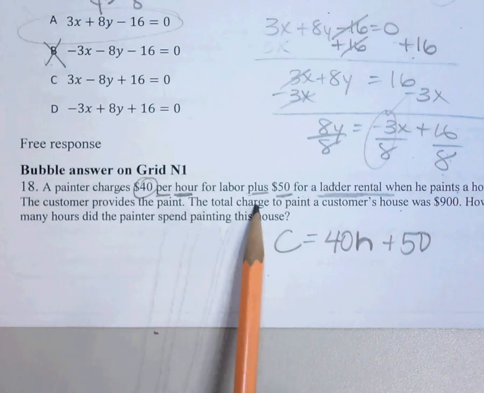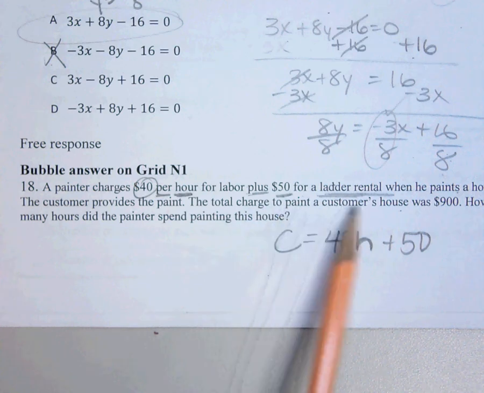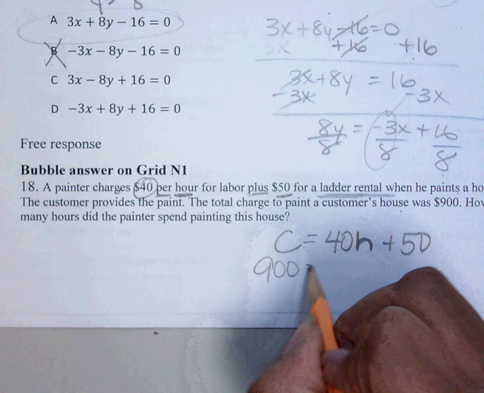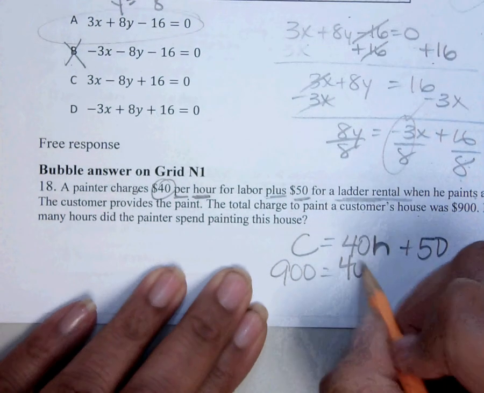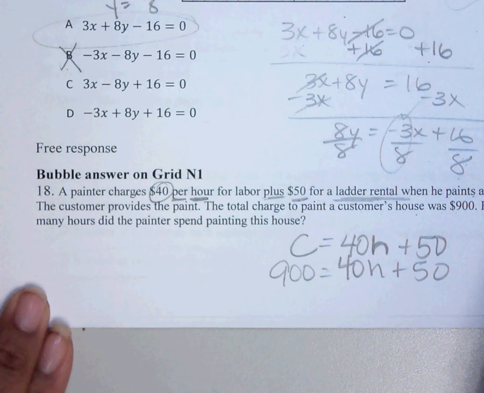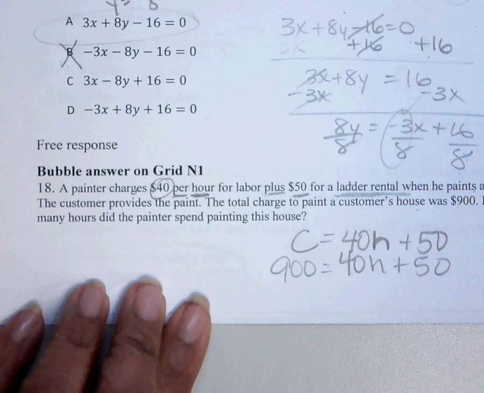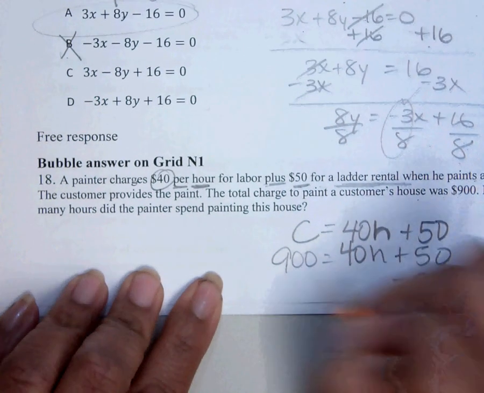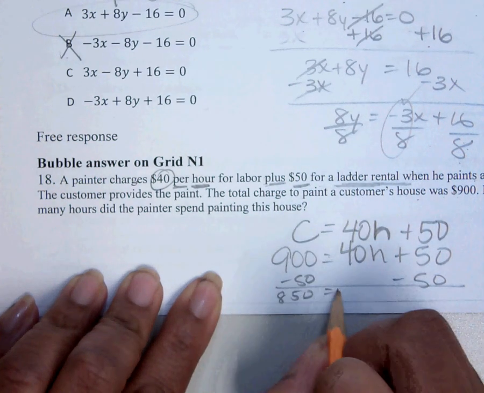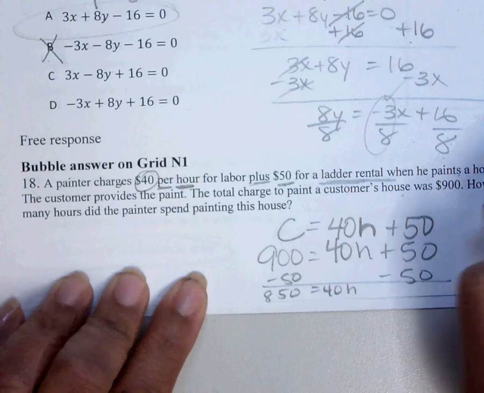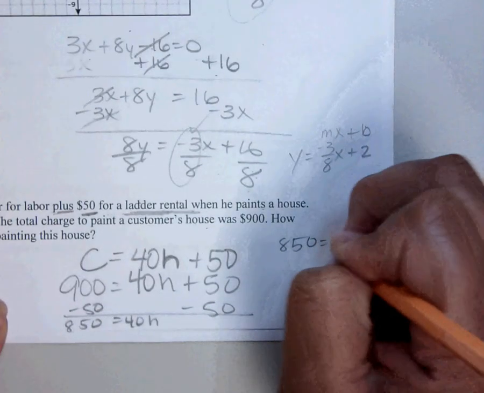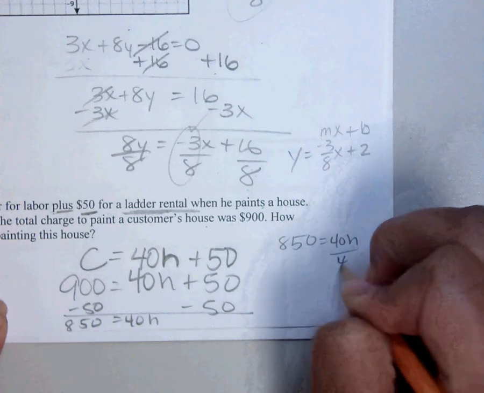The total charge to paint a customer's house is $900. So the total cost is $900. How many hours did the painter spend painting this house? So we need to solve for H. And I'm running out of room here. 850 equals 40H. So if 850 equals 40H, I need to now divide by 40.